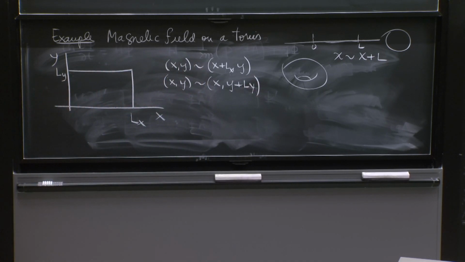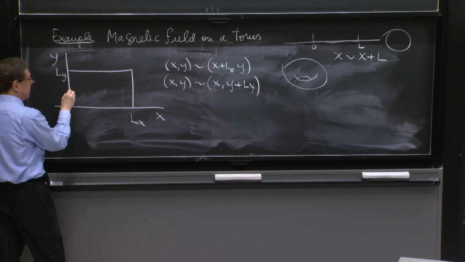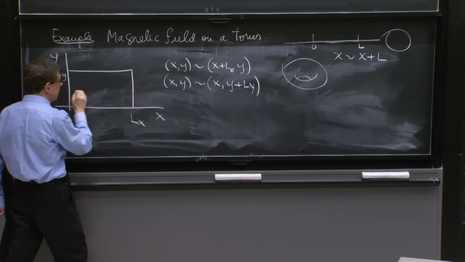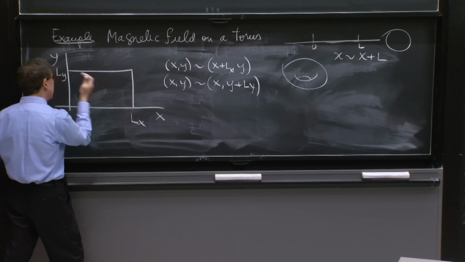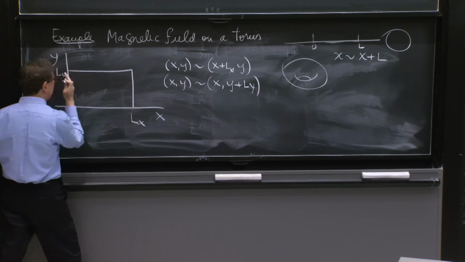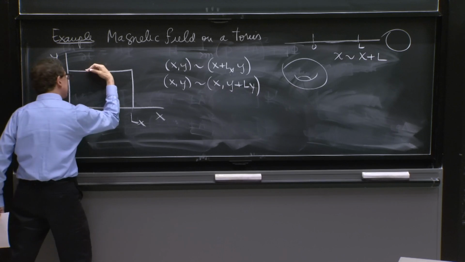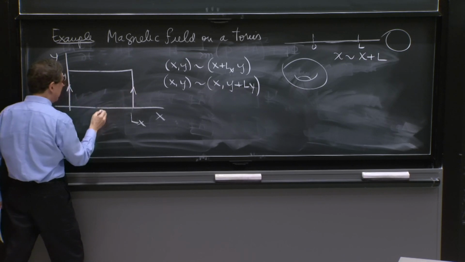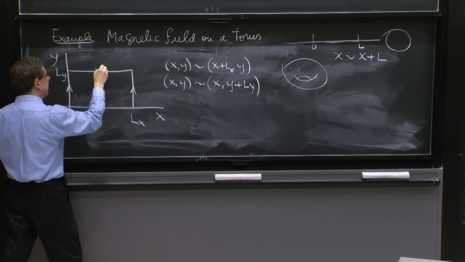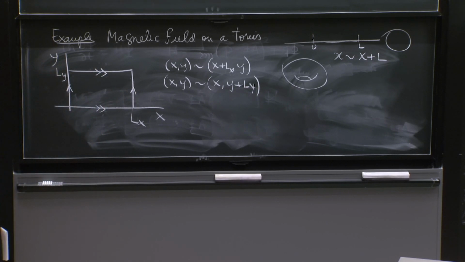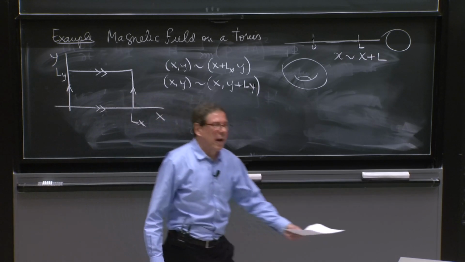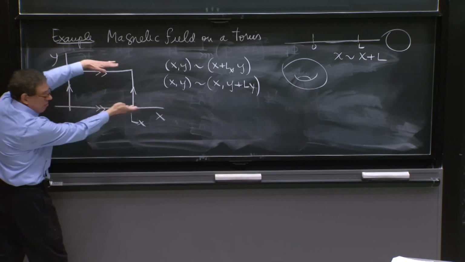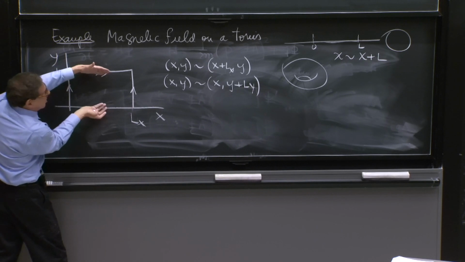Which is to say that any point with some value of x is identified with a point with x increasing by Lx. So this line is supposed to be glued to this line, and this line is supposed to be glued to that line. Perhaps the most intuitive way of thinking of this is take this strip, take these two sides, glue them.